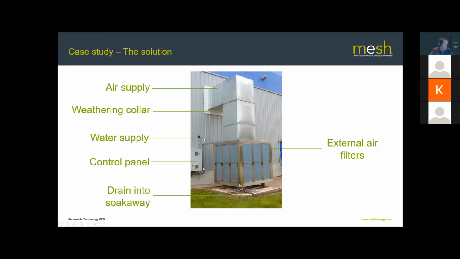You can see the water supply coming out through the wall. You can see this pipe isn't insulated because with this installation, we agreed with Amazon that they would drain the system down completely in the winter, so there was no risk of freezing, so there was no need to insulate that pipe.